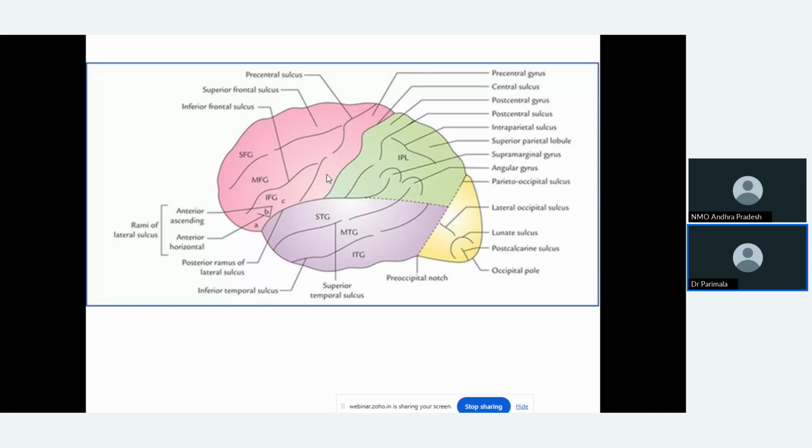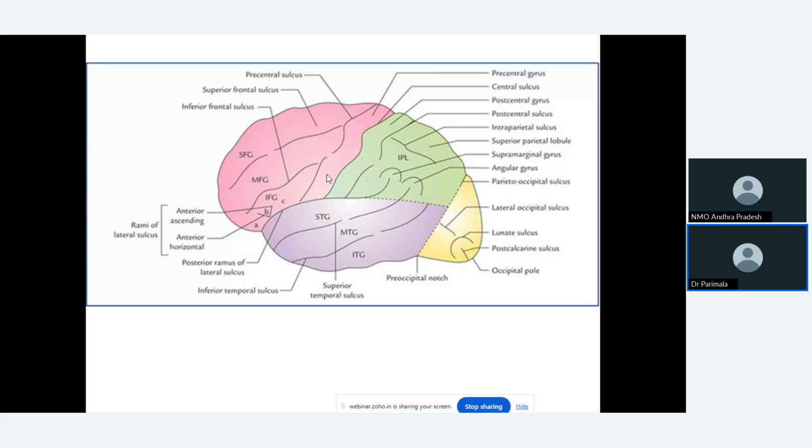The gyri and sulci increase the surface area of the cerebral cortex so that more neurons can be accommodated. That is the reason why the human brain is called gyrencephalic. It is gyrated, that means elevations and depressions. Whereas if there are no elevations and depressions, if it is smooth, such a brain is called a lissencephalic brain. Our human brain is gyrencephalic, right?